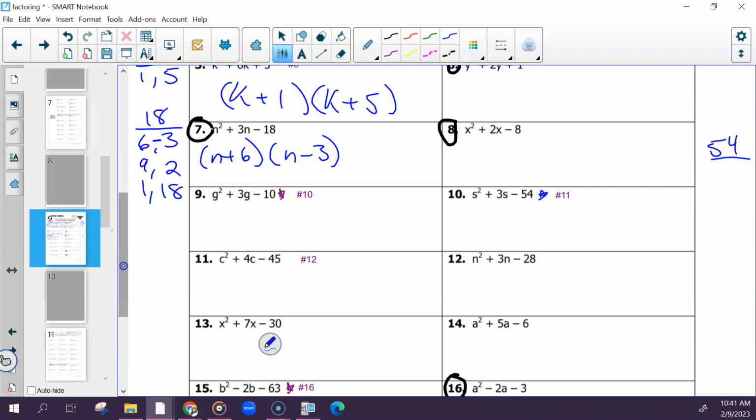Start dividing by 2, by 3, by 4, see what you get. And 9. Are there any others? 3.